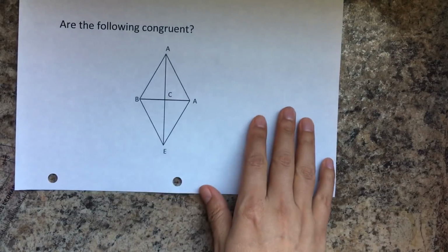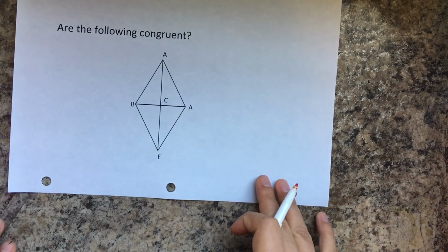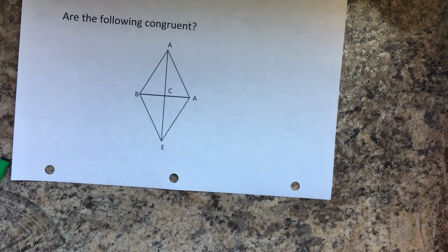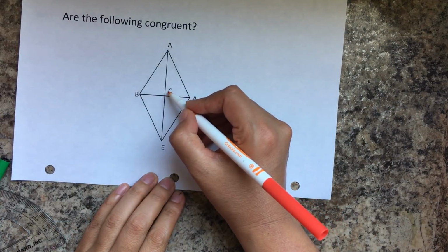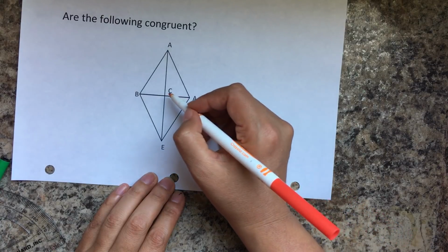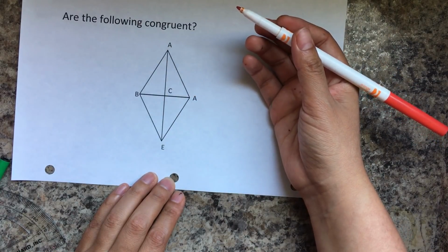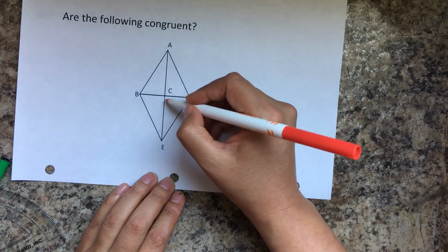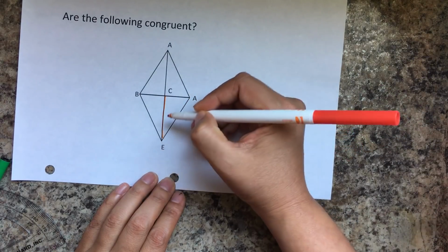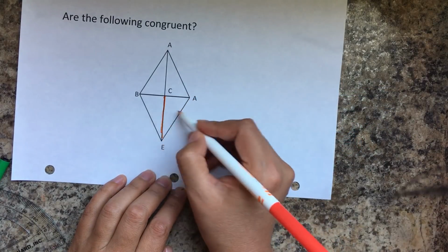Are the following congruent? Well, in here, I don't have very much information. I only know that these are vertical angles and that they are congruent, and this angle is congruent to this one, but in reality, I don't have much more. I have this side being congruent to this same side.